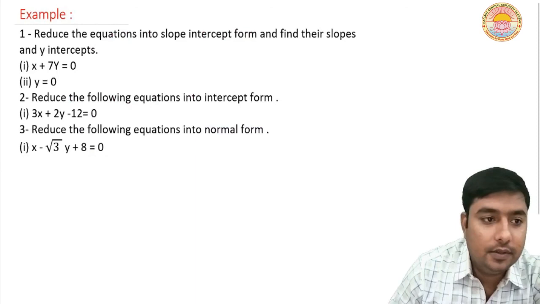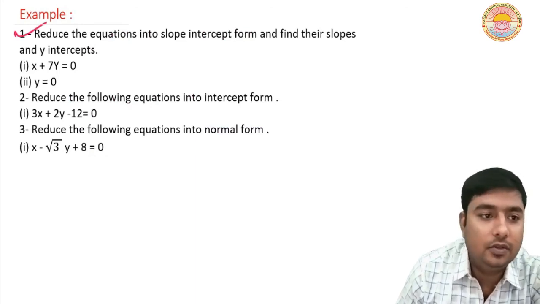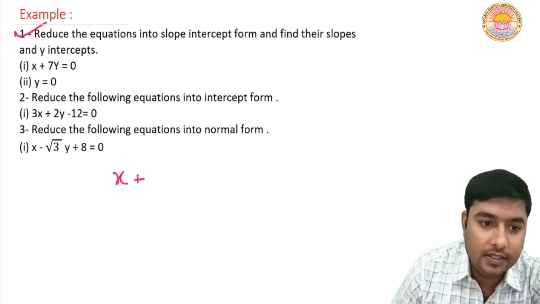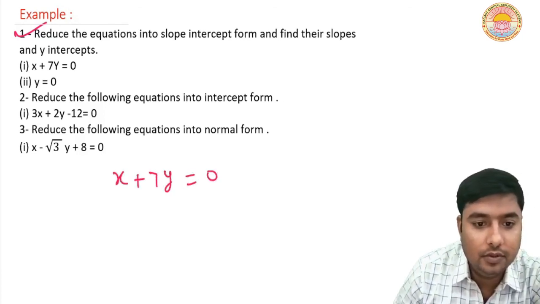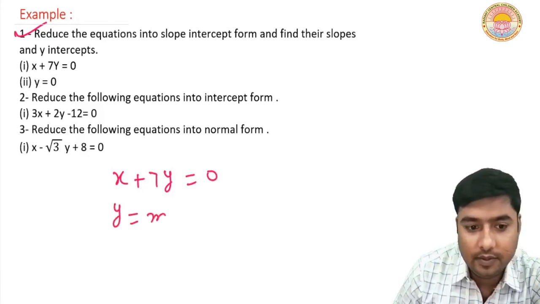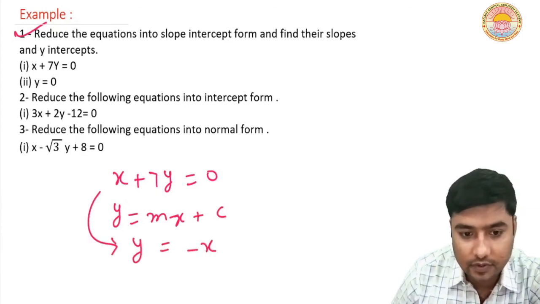First problem, reduce the equation in slope intercept form in y. That means x plus 7y equals to 0. Then we know that y equals to mx plus c, so we convert in the form of y. Then this equals to minus x upon 7 plus c.